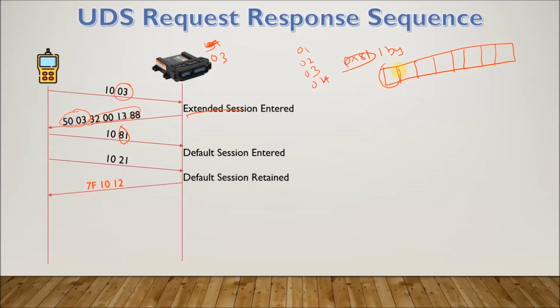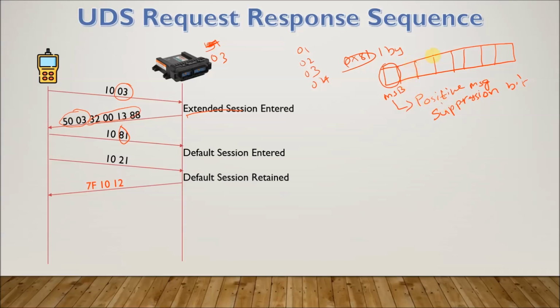This one is the MSB, right? And in the subfunction, the MSB is always the positive message suppression bit.